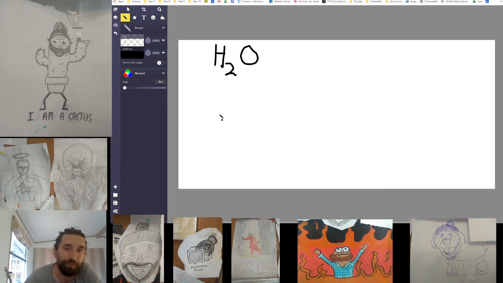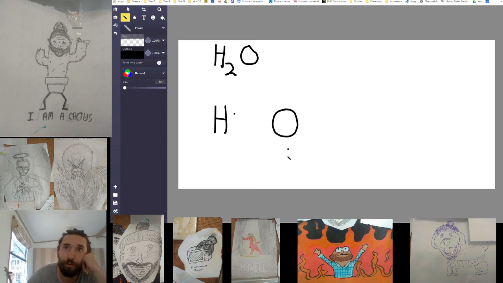So hydrogen, we'll draw a Lewis diagram for hydrogen. It's just got 1 unpaired electron. Oxygen has an atomic number of 8. You can check the periodic table for that. So it's going to have 8 electrons.